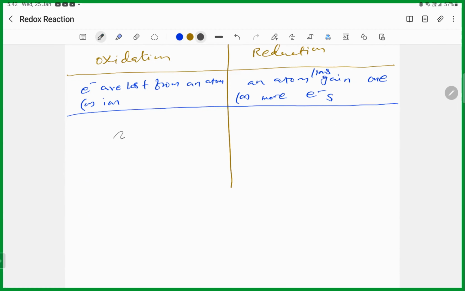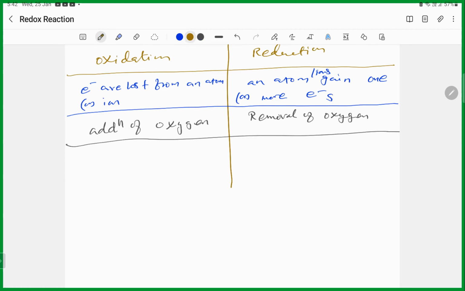So in reduction, instead of addition of oxygen, it will be removal of oxygen. Instead of removal of hydrogen, here it will be addition of hydrogen.